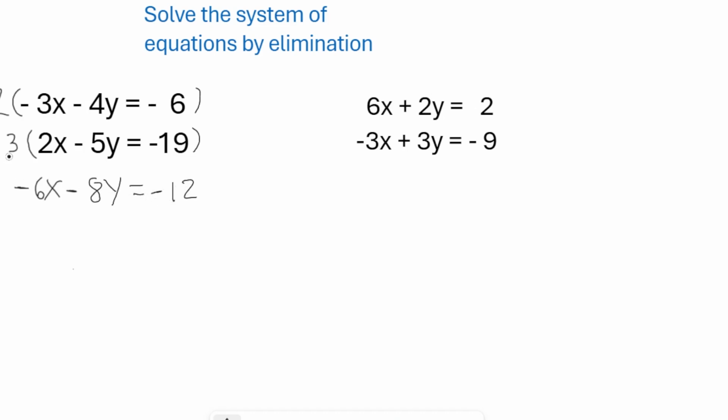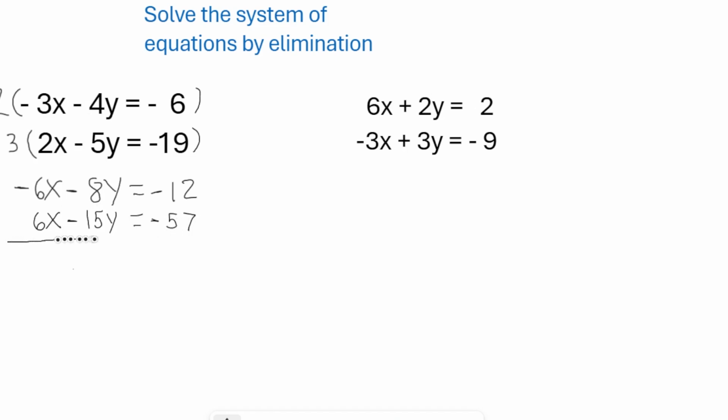Then the next one, I have to multiply by 3. 3 times 2, you get positive 6x. 3 times negative 5, you're going to get negative 15y. And then 3 times negative 19, you're going to get negative 57.